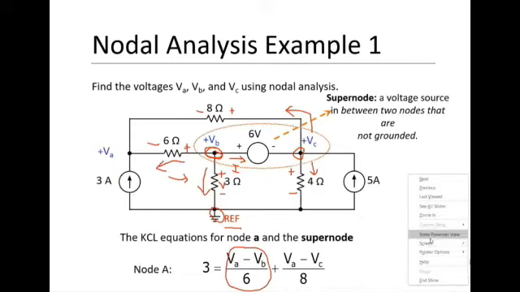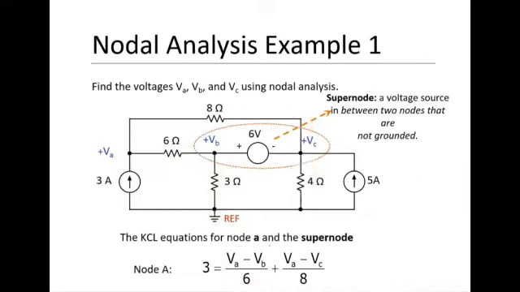It's not yet shown here. I'll show you later. So I actually forgot node A. So let's look at that first. Again, we assume that the currents are flowing out of the node here, and you have a 6 ohm resistor here. Therefore, the current flowing out is VA minus VB over 6.